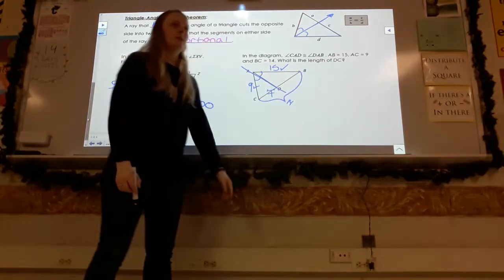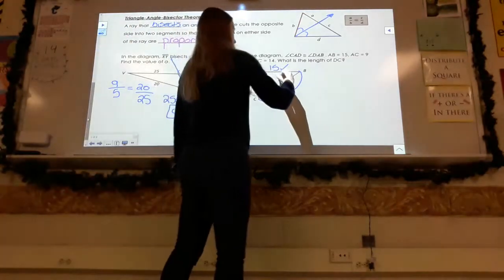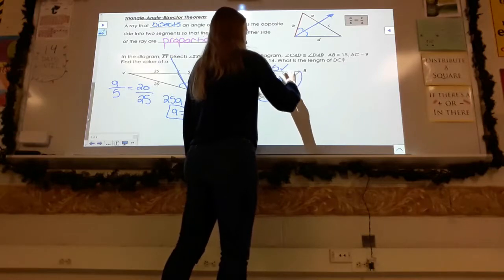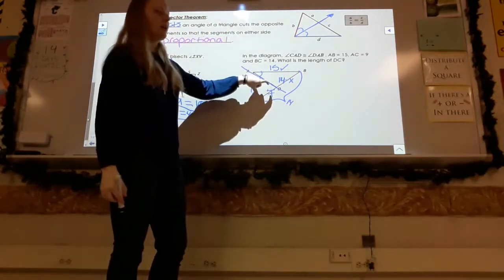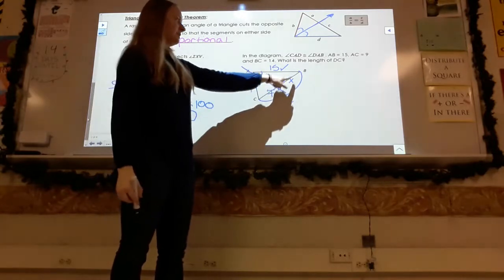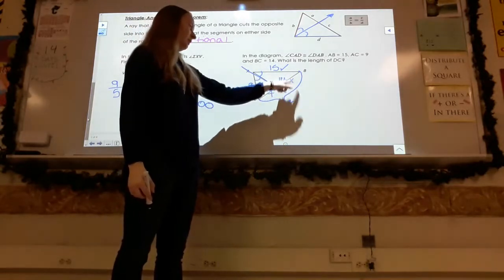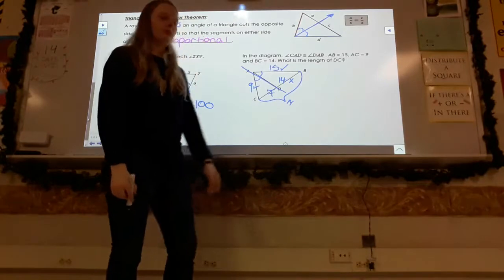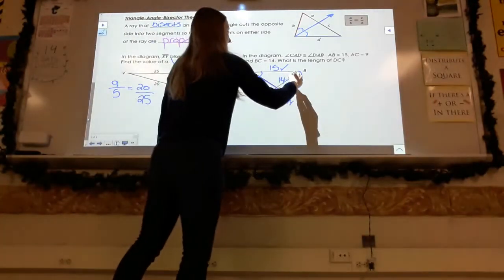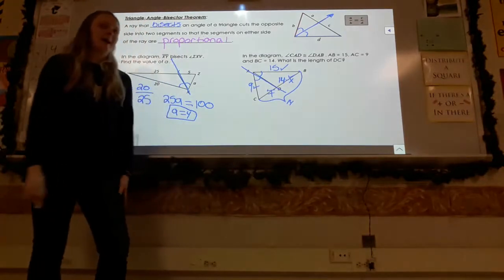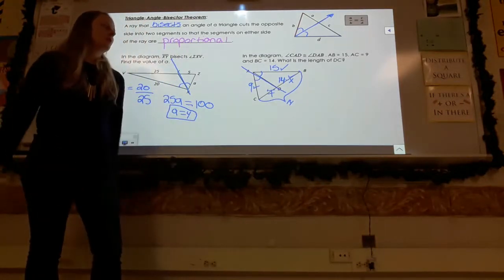I don't know that. It's 14 minus x, just like we did in that very first example on the top of the page. If you know the full length and then part of it, to find the other section, you do the whole minus the part that you know. So 14 minus x. Now I have all four pieces. All you need to do is stack them correctly as a proportion.